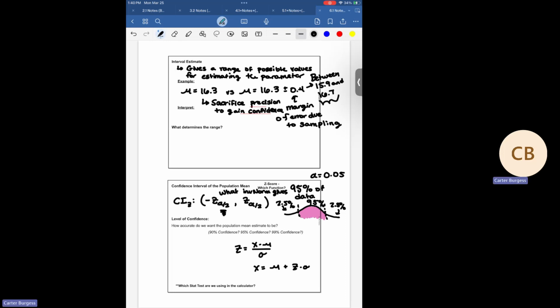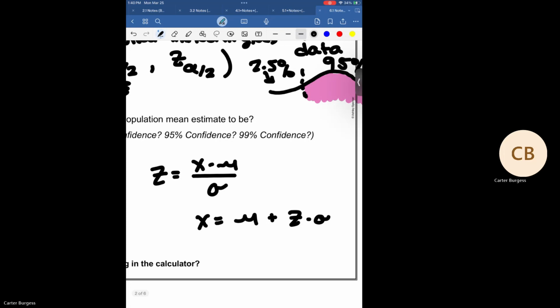The only adjustments that we have to make are that we are not using the population parameters because we don't know the population parameters necessarily, or really we're not referring to the population parameters when we are taking a sample. So one small adjustment that we need to make, if I'm using the sample mean instead of the population mean, what do I need to change about my formula here for x? Small change, it doesn't numerically change anything that we're doing, but it is worth noting.